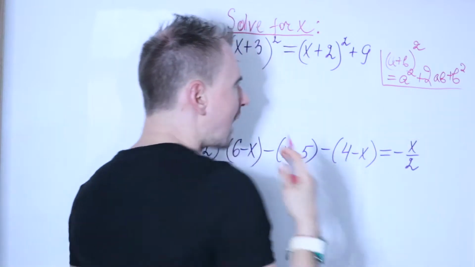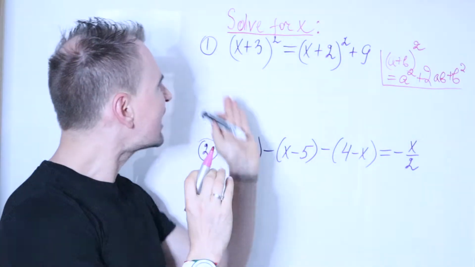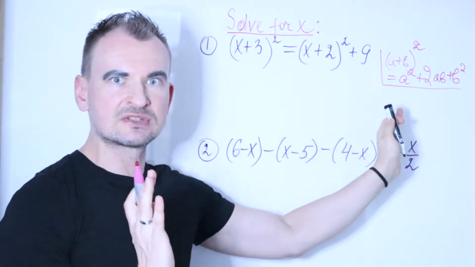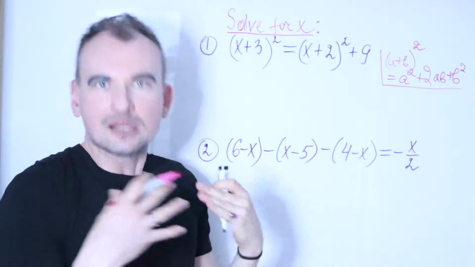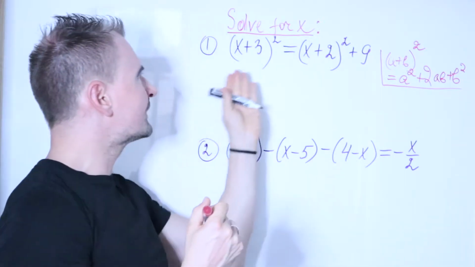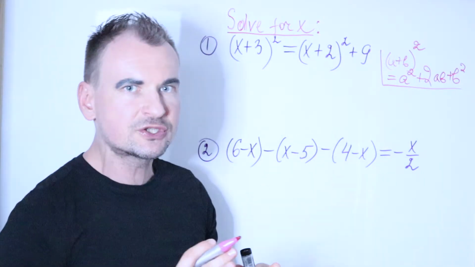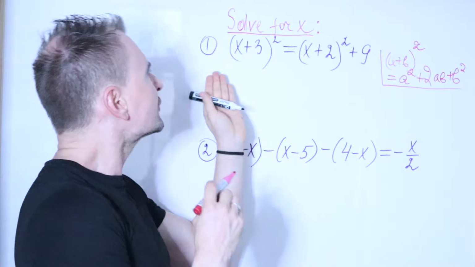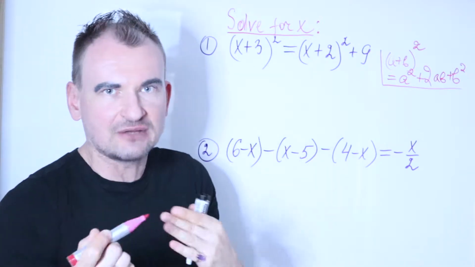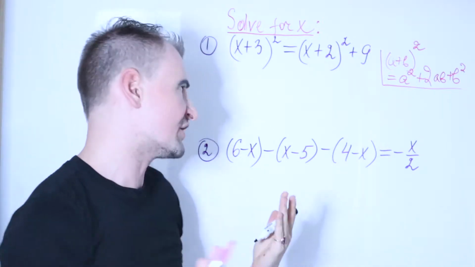I personally do remember this formula, and every time something like this comes up, I definitely use this formula because it's life-changing. Again, as I said before, if you are not familiar, if you don't remember, if you are not sure how to use it, you could simply take this x plus 3 and multiply by itself. It would take more time, but eventually you would come up with the same answer.